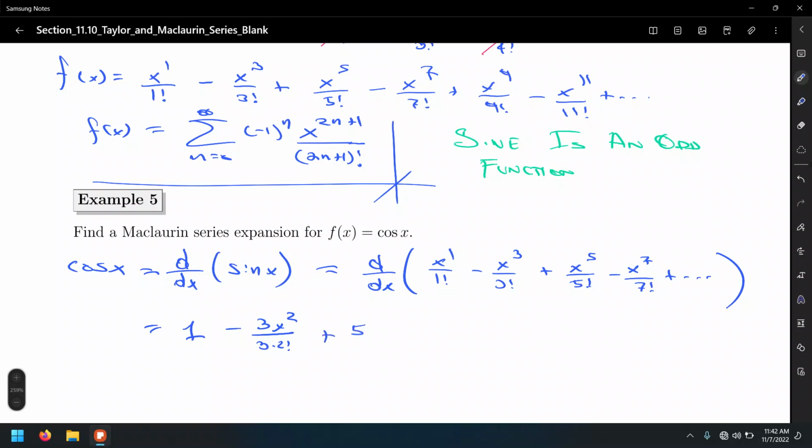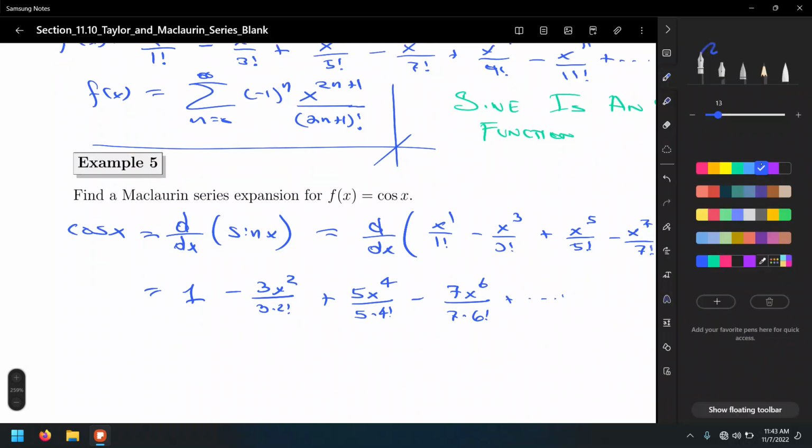and then plus 5x to the 4th power over 5 factorial, which is 5 times 4 factorial, and then minus 7x to the 6th power over 7 times 6 factorial, which is the same as saying 7 factorial, plus dot dot dot infinitely many terms.